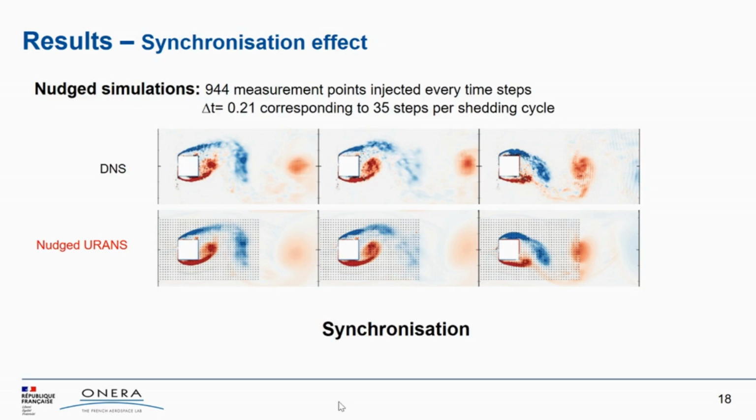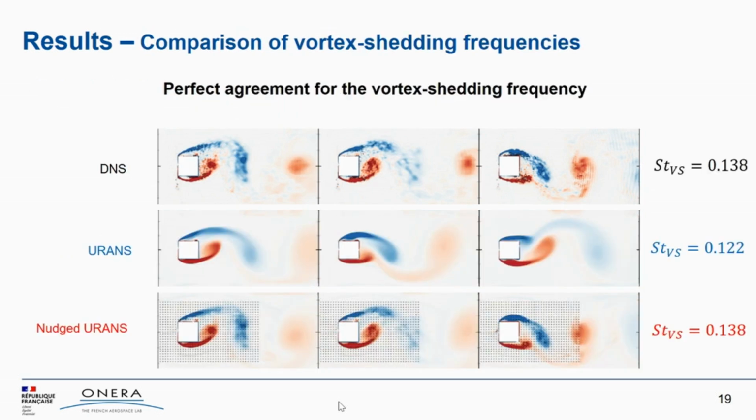And clearly, when you compare the bottom figure showing the nudged URANS to the top figure showing the DNS, at the same instance, we clearly see a synchronization effect, which is here again quite obvious when we compare to the URANS simulation, which are clearly unsynchronized. And this synchronization effect leads to a quite better frequency of the vortex shedding, which is actually the same in the nudged URANS as for the DNS.